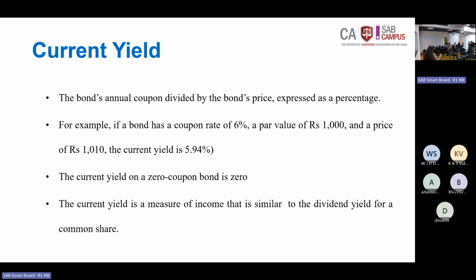Par value and face value are similar names. If you want, you can write it down. The face value of this bond is 1000. Now its price is, or it is trading at, 1010.